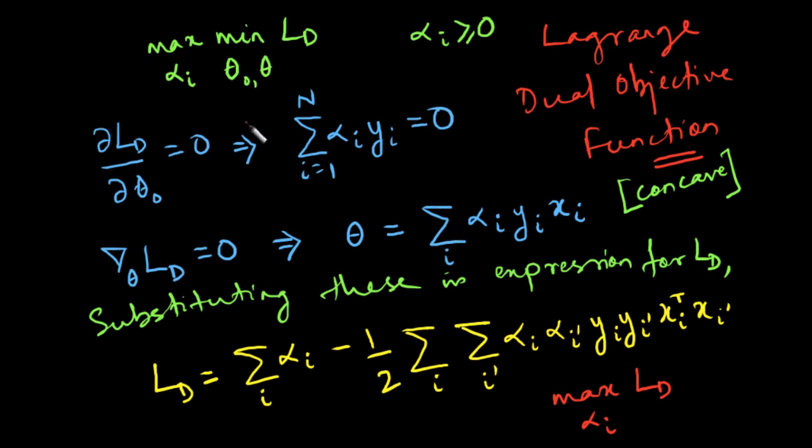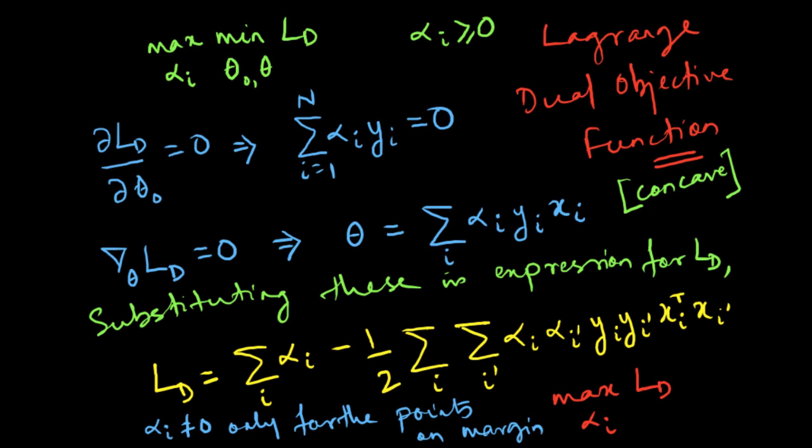Okay, so that is an important criterion that you must remember, that your alpha i is non-zero only for the points on the margin.